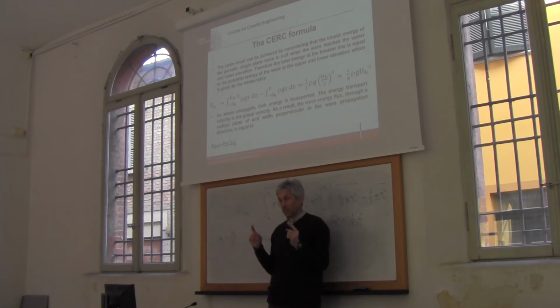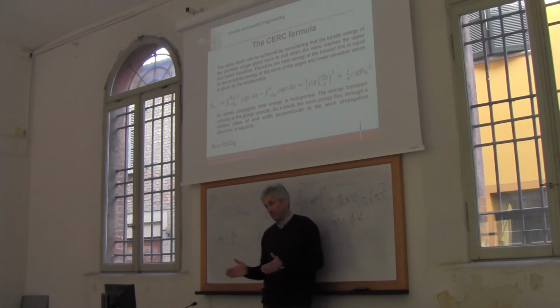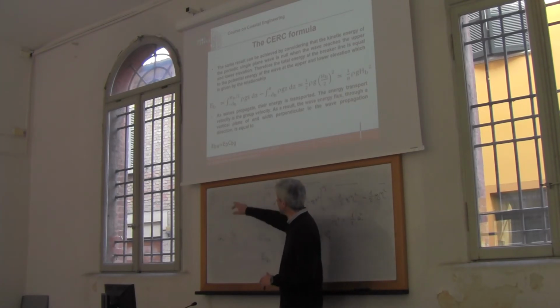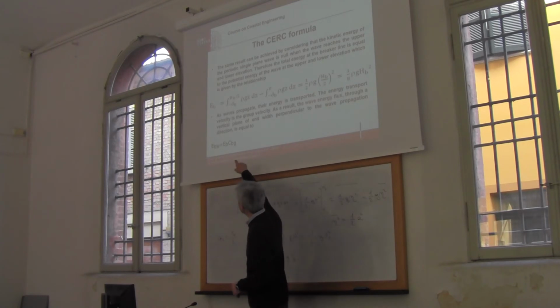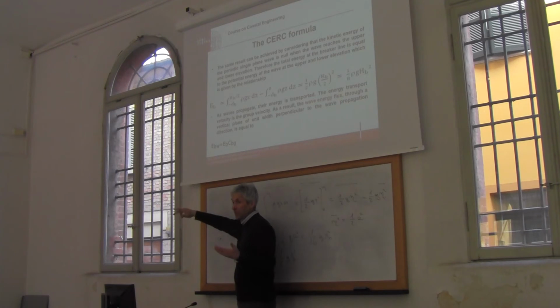So velocity is a dimension in the longitudinal direction divided by time. So energy per unit area multiplied by longitudinal direction per unit time remains energy per transversal direction per time. So this is why I multiply E_B times the velocity of the wave.